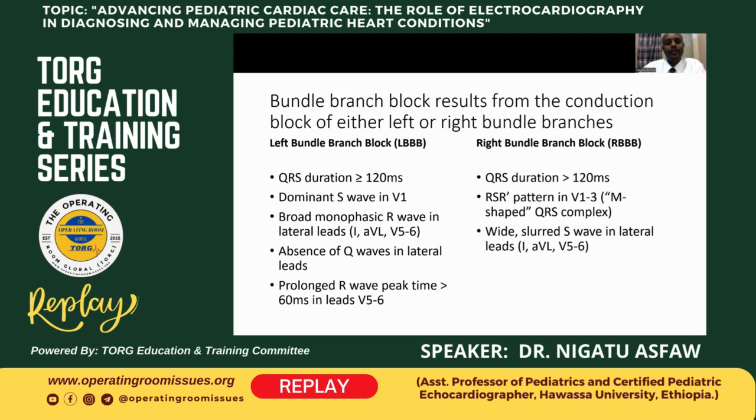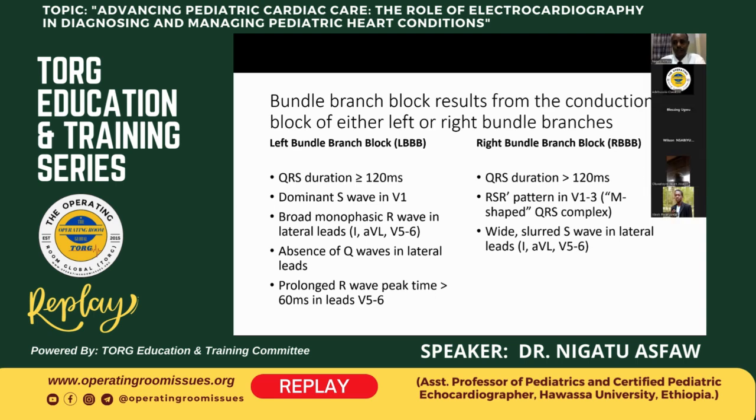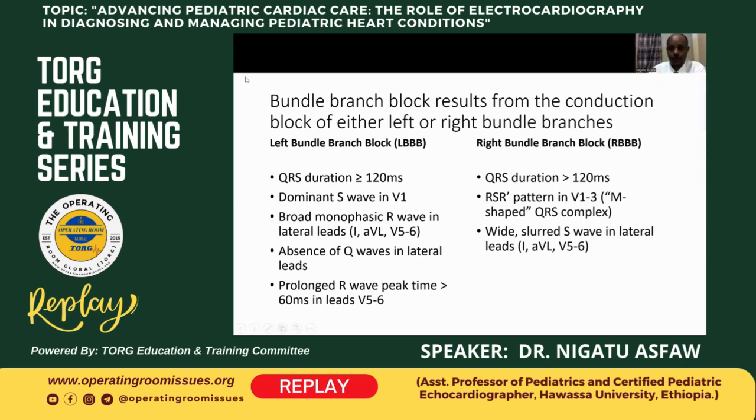And there may be a blockage of the impulse propagation in the bundle branches. There may be left or right bundle branch block. And if there is bundle branch block, we will get a widened QRS complex, usually greater than 120 milliseconds in both right and left bundle branch block.